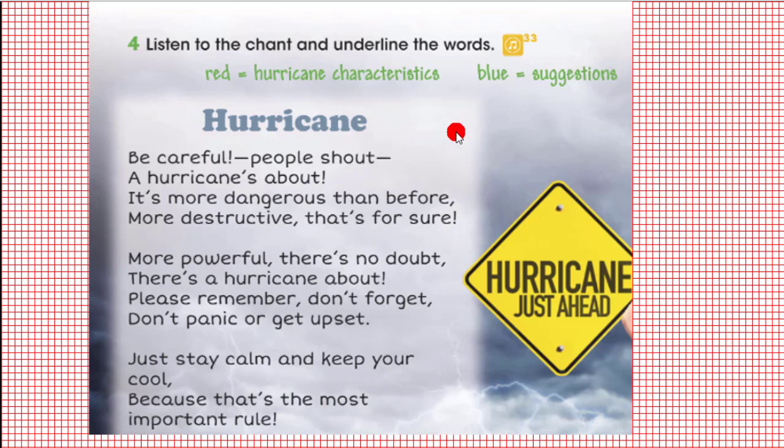Watch out for the wind. Watch out for the rain.